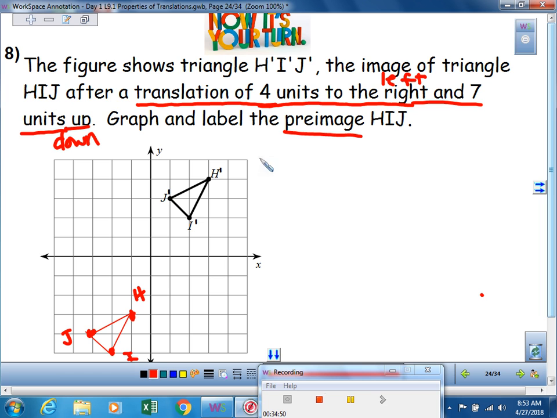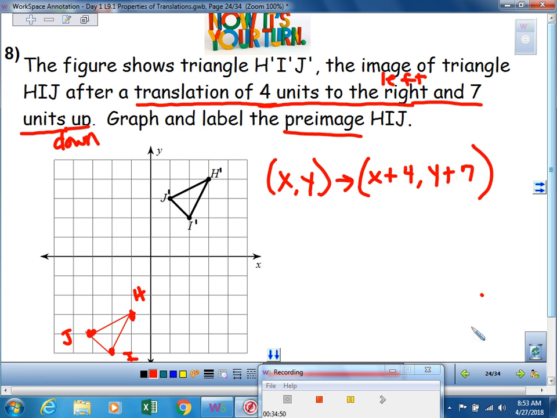And then if you wrote the algebraic, it would be x plus 4, y plus 7. Okay, so from your pre-image, you would go 4 to the right, 7 up. And that would be your check. Just check all your points. Are they 4 to the right, 7 up? Yes. When you write algebraically, no, you don't have to put the word translation, only in the rule in words.